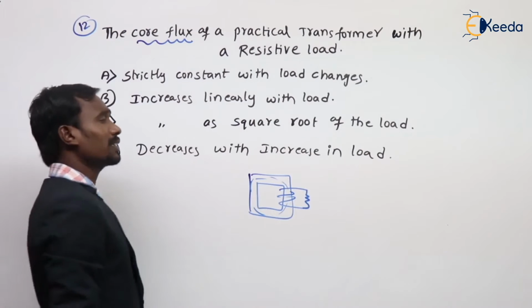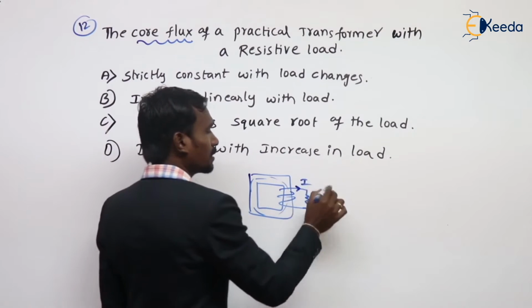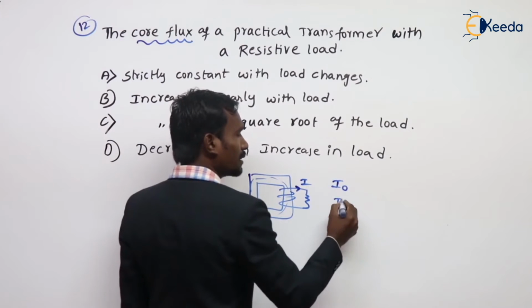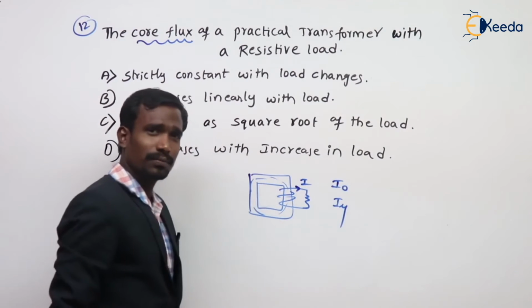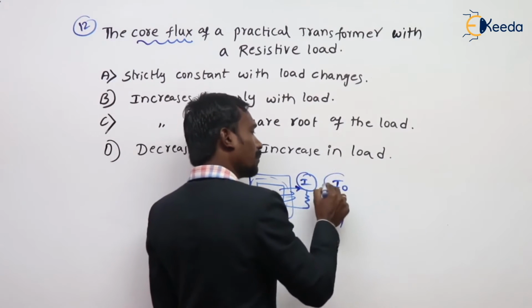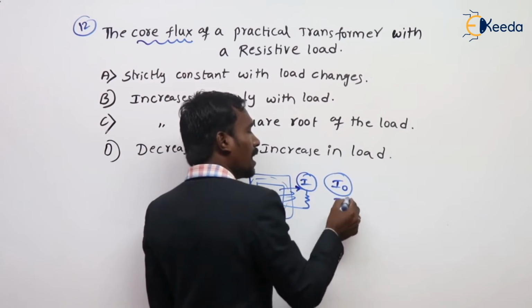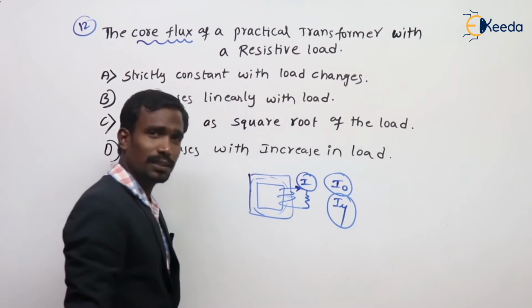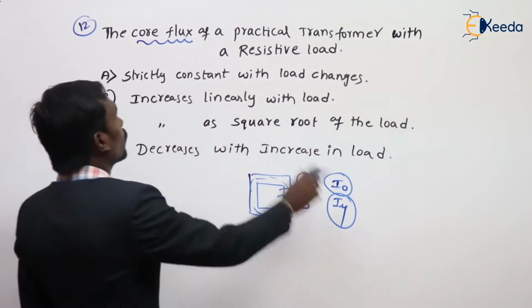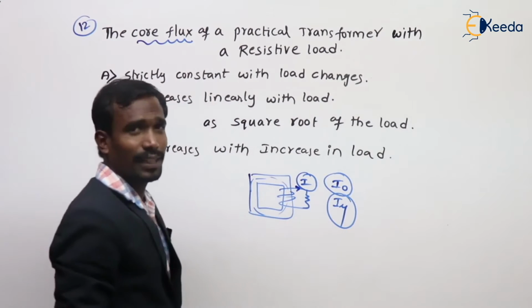When load increases, load current increases, nothing but I naught also increases, and I mu also increases. When I mu increases, then core flux also increases.